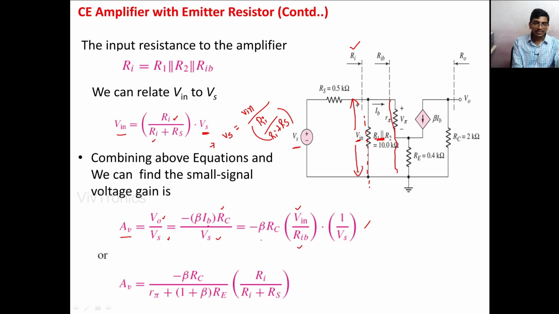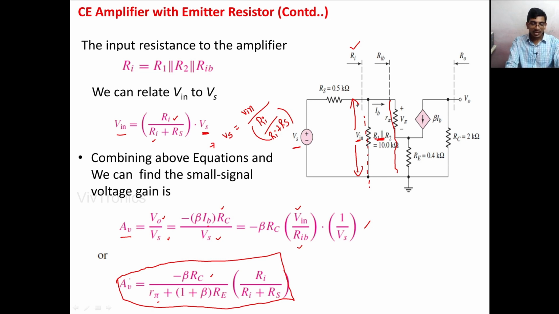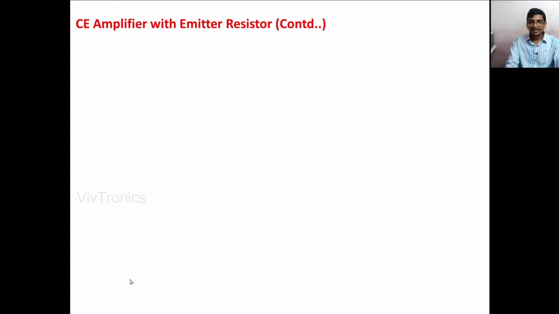After substituting the value of Rib and Vin from these equations, we get AV is equal to minus beta Rc divided by R pi plus 1 plus beta Re, into Ri divided by Ri plus Rs. That is the voltage gain including emitter resistance of a CE amplifier. This is called the exact voltage gain equation.